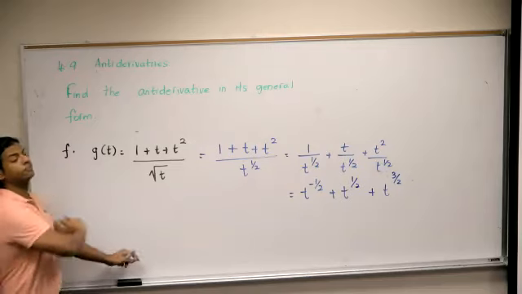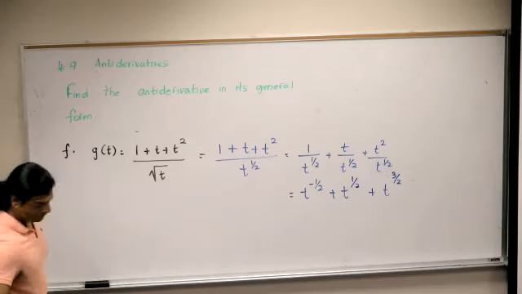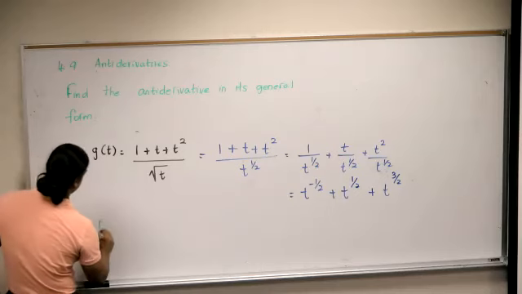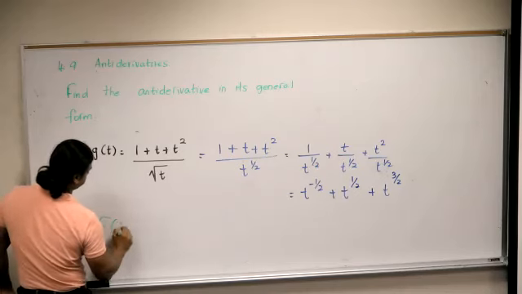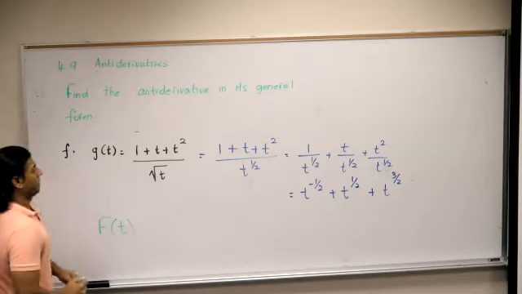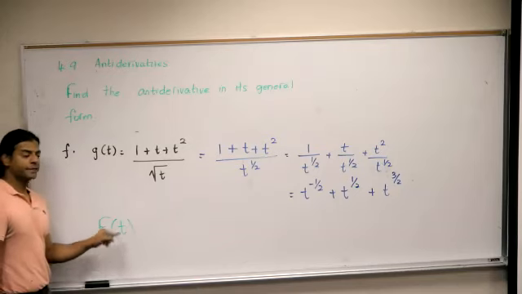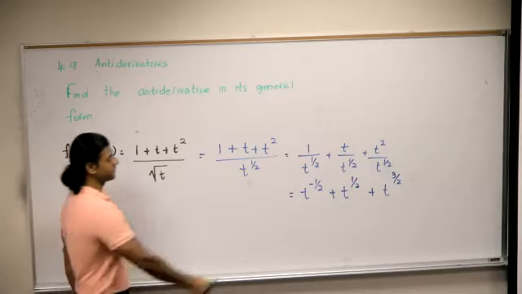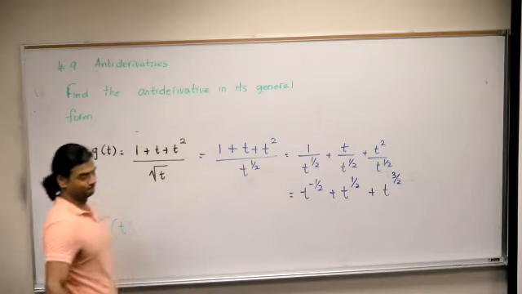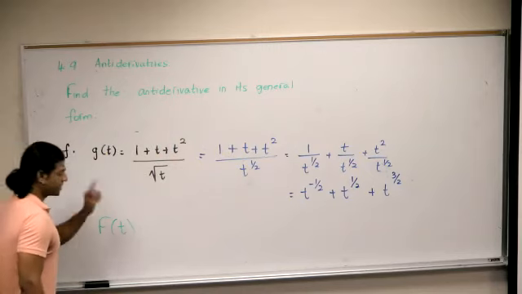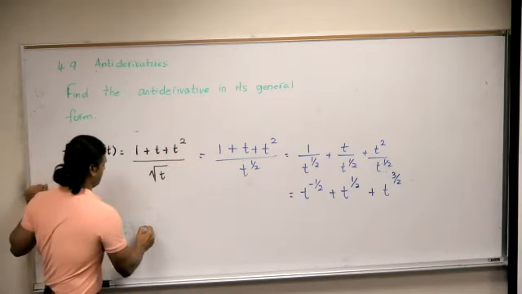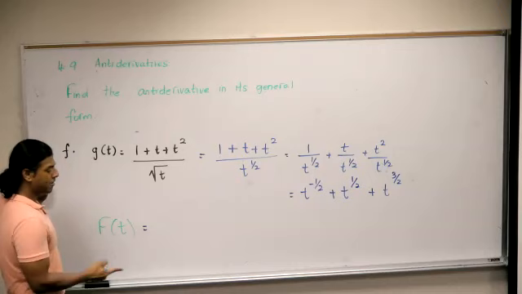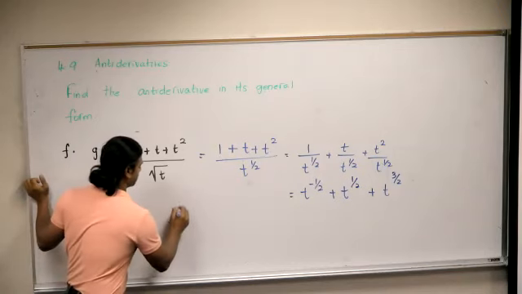No, we just rewrote the problem. So we have to come up with the antiderivative so that when you take its derivative, you get that. What should it be? Well, how about t raised to 1/2?